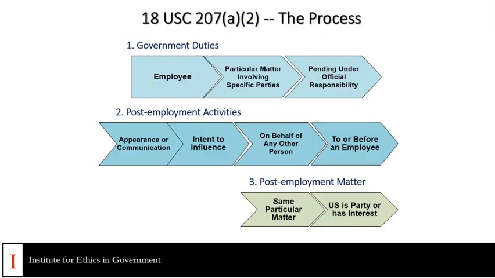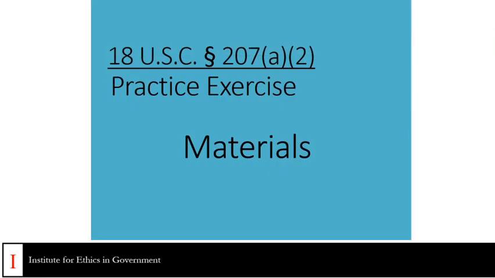The process looks like this. We take each of the elements of the statute and we plug them into the 3 steps of the analysis. We have a practice exercise that we would like you to undertake.